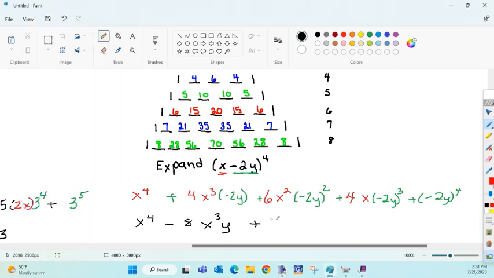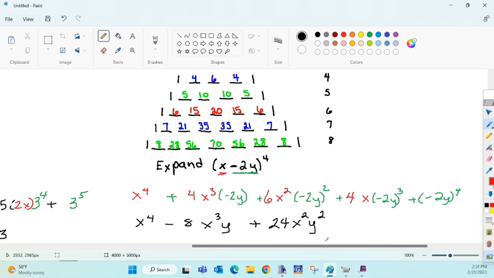Positive 24, x squared y squared. You have to make sure: it's not negative 24 because negative 2y is squared, right? Because negative 2 times negative 2 gives you positive 4.